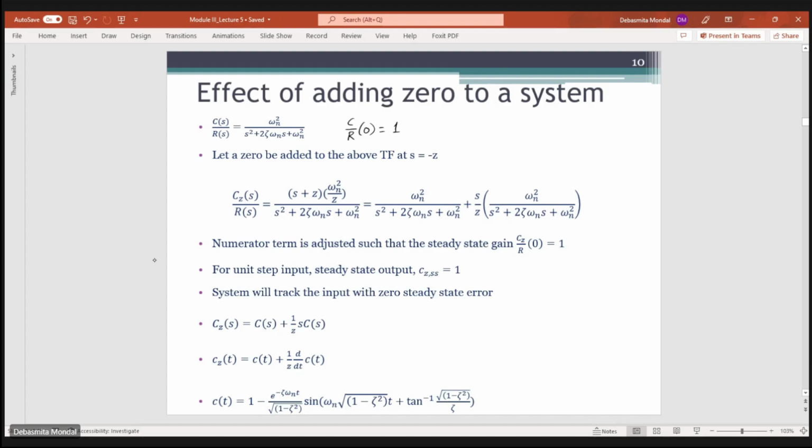For a unit step input, the steady state output for this system is 1, so the system will be able to track the input with zero steady state error.